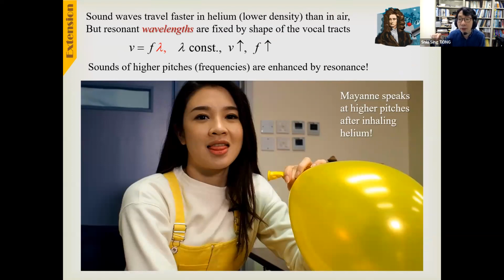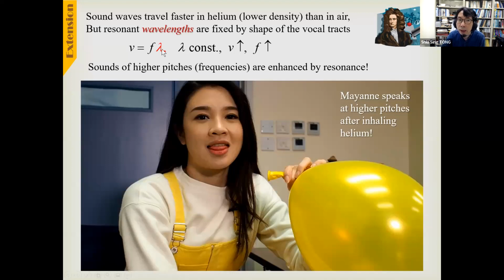And so sound waves actually propagate faster in helium than in air under the same pressure and temperature. You see from the wave equation, the velocity of sound will become larger. So the sound will propagate faster inside helium, so the wave speed will increase.